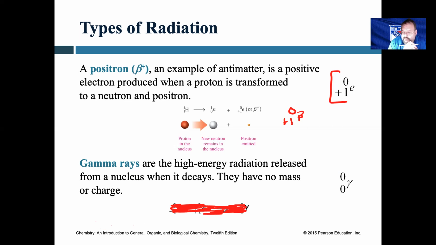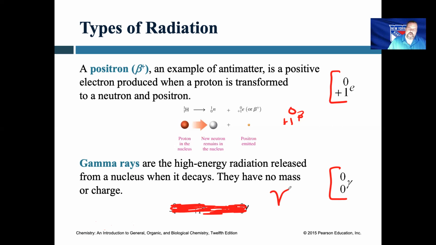That's pure energy. A gamma ray, in terms of an atomic symbol, and you see it again in the bottom corner here, has no atomic number and no mass number. So a lot of times, instead of writing 0, 0 gamma, we would just write gamma for the gamma ray.